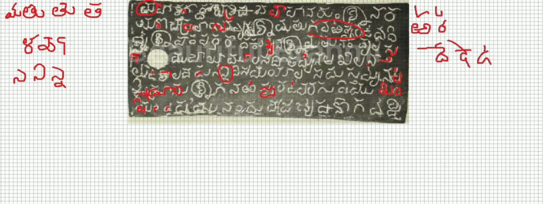So he says that near the Mukhamandapam. Anyone who has been to a southern temple, in the south of India, knows a temple is an enclosed structure, typically rectangular. There will be a gopuram.